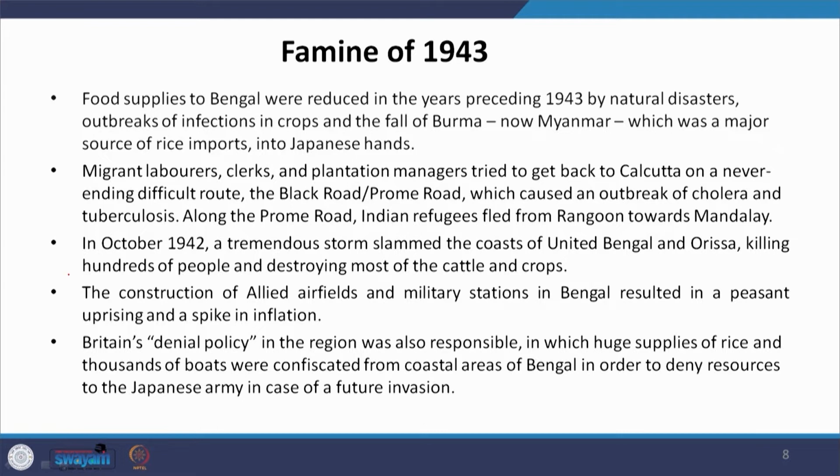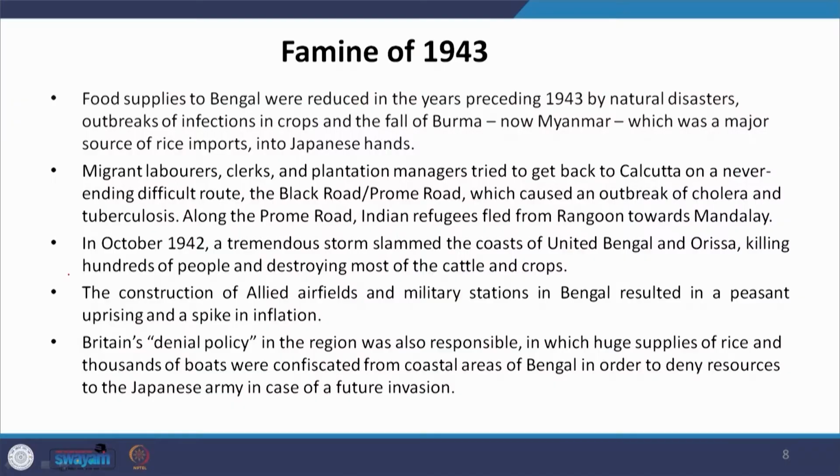So, the famine of 1943 is another prominent historical event which happened prior to the independence and the partition, and this actually affected the Bengal and Odisha regions in a very significant way.